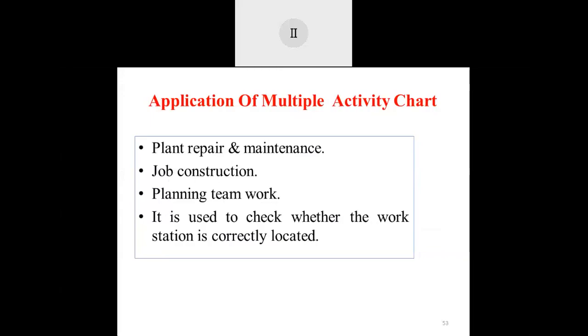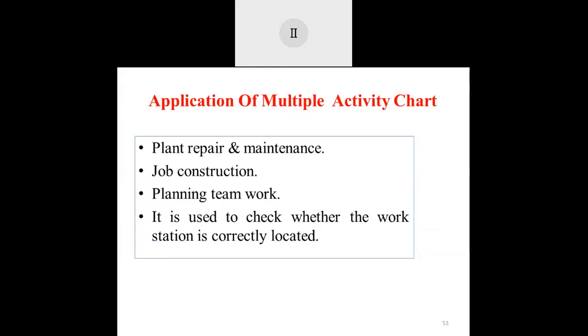So what are the applications? Applications like plant repair and maintenance, job construction, planning teamwork. Again, it is used to check whether the workstation is correctly located or not. You can plan repair and maintenance, when repair is needed, when maintenance is needed.